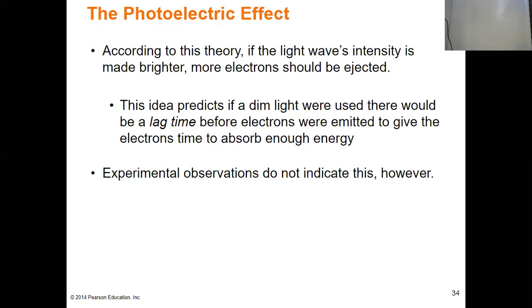You would also imagine that if you had a very dim light, the metal could eventually absorb enough energy from it to release an electron. That's not how it ends up working.